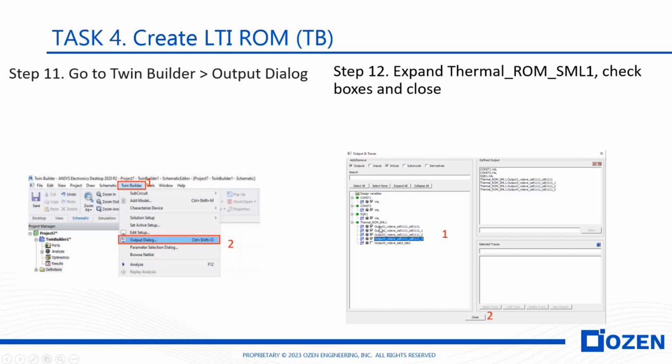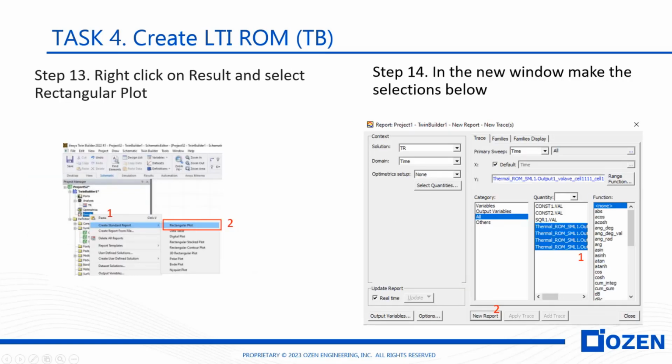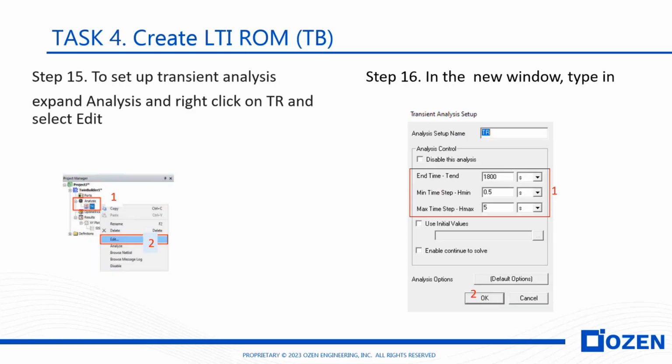Now we say, okay, we're going to select these 4 as the outputs, and let's take a look at them after the model runs. So we define some rectangular plots to see these 4 temperature outputs and define a new report. And the next step is that completes the setup.